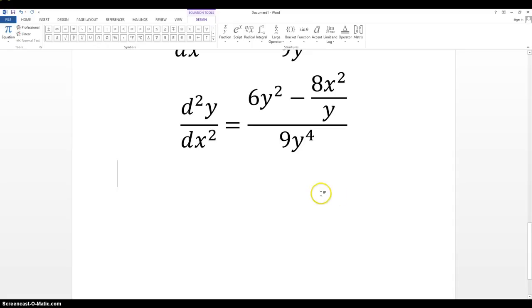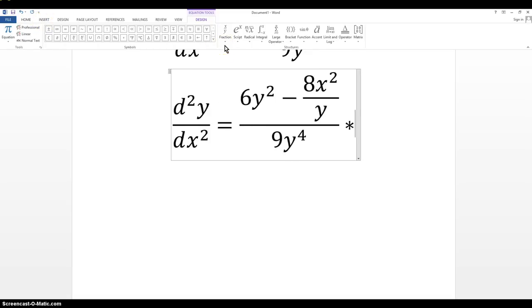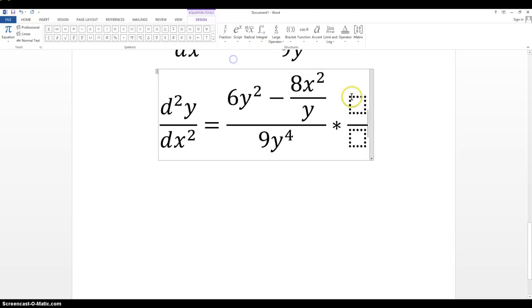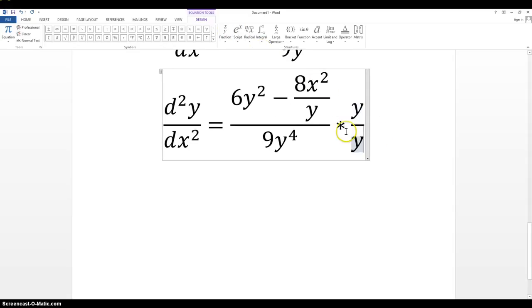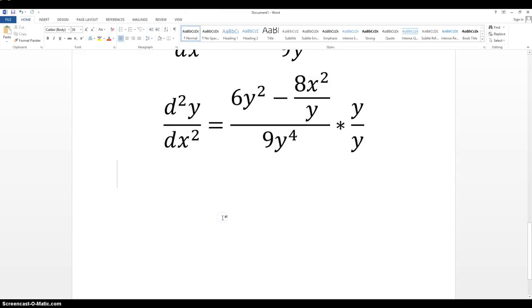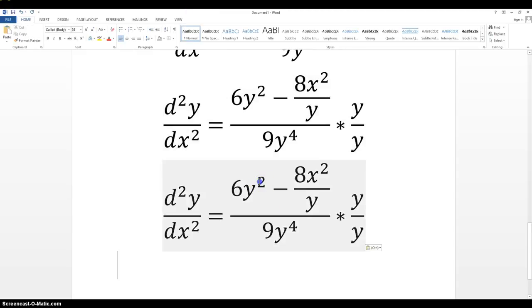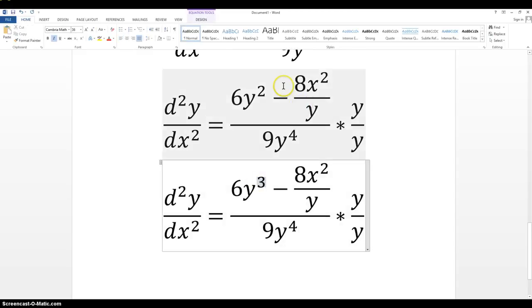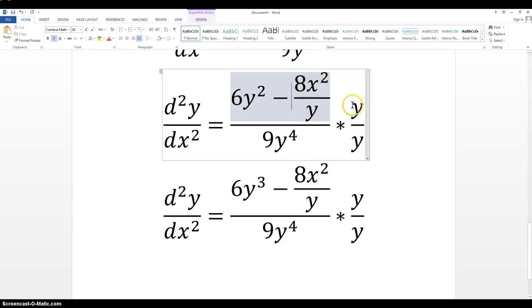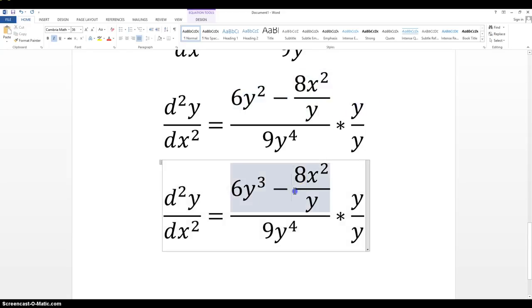Okay, now from there, if you really want to get rid of the fraction, we can actually multiply by y over y, if you want to do that. So that means we multiply this entire numerator by y. When we do that, we get 6y cubed. And then when we multiply this second term by y, my y's will cancel out, leaving me only with 8x squared.